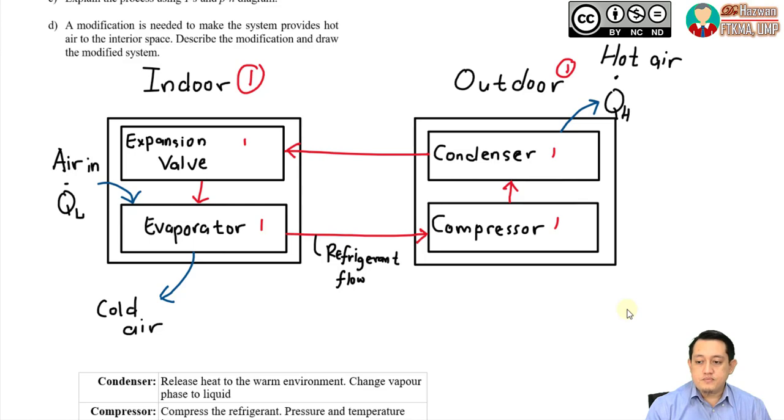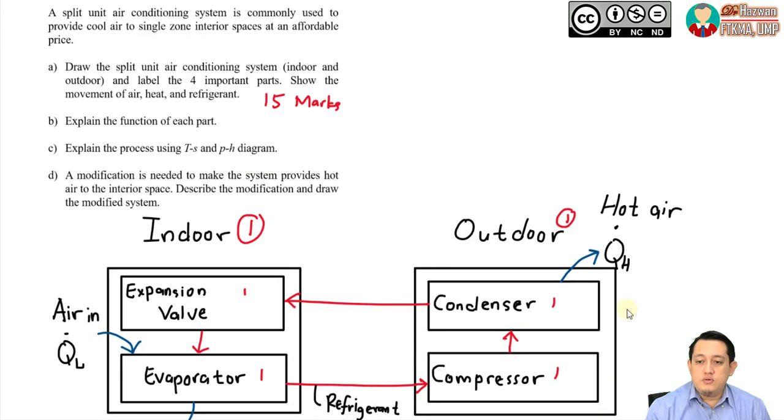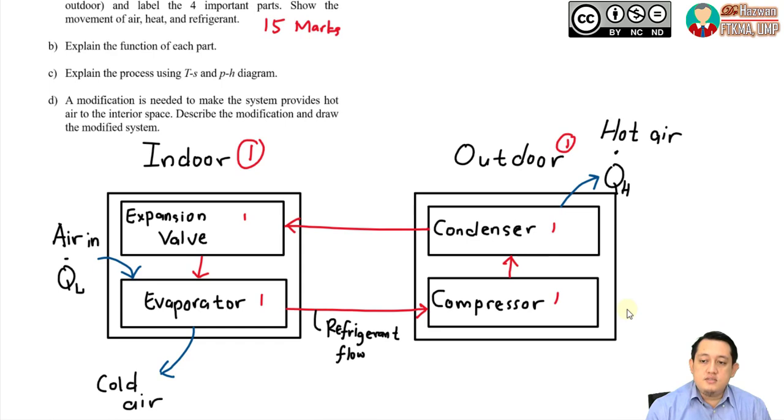Then in the question, they also ask you to show the movement of air, heat and refrigerant. For the movement of air first, in the indoor unit, air comes through this evaporator and the cold air exits the evaporator like this.